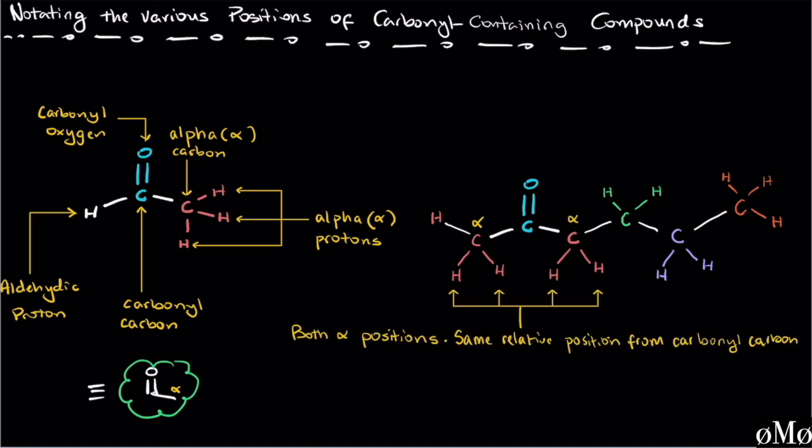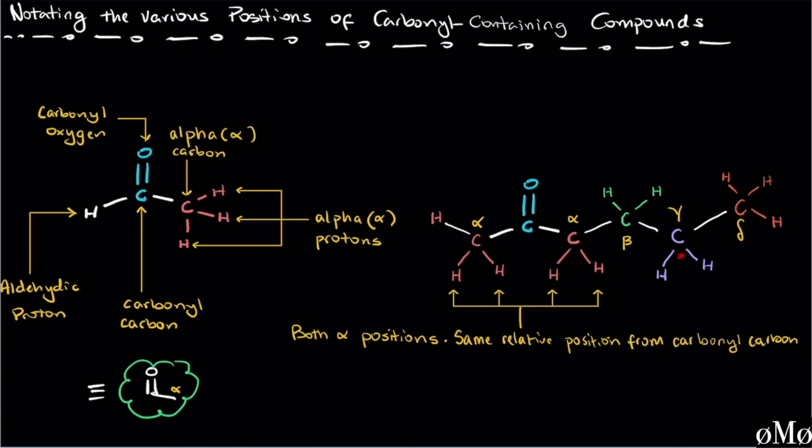By the rules we just described, the alpha position on the left and the alpha position on the right are both alpha positions, so there are two alpha carbons and 5 alpha protons in this molecule. As we go further away from the carbonyl carbon, you're in the beta position, which is one away from the alpha.